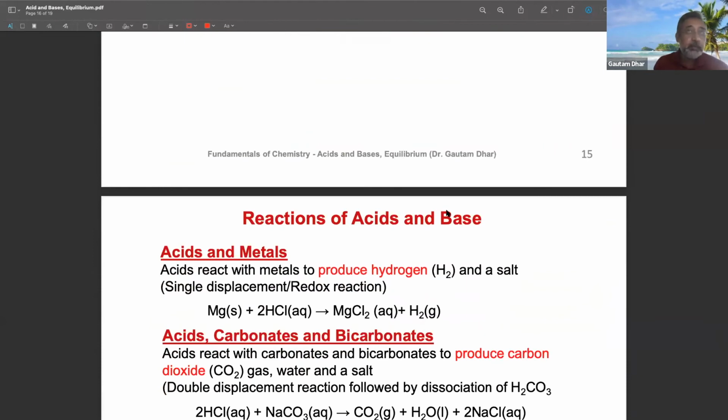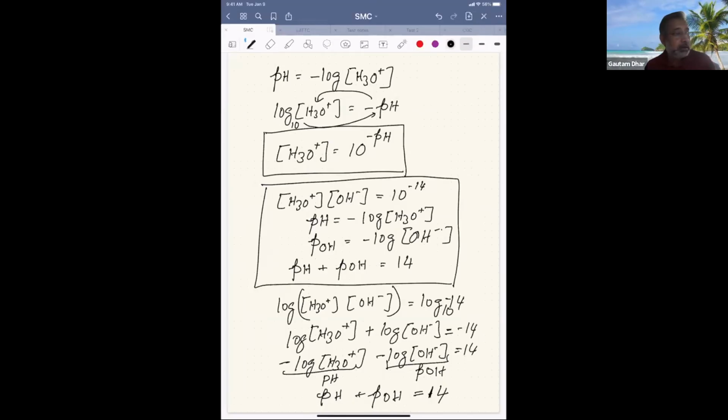I'll quickly share my iPad with you. These in the box are basically the basic formulas, and that is all you need to know. H3O plus multiplied by OH minus is 10 to the minus 14. pH equals minus log of the concentration of H3O plus. pOH, similar to pH, is minus log of OH minus.